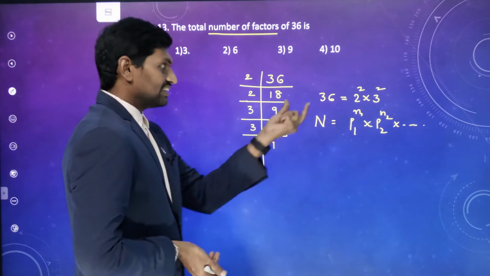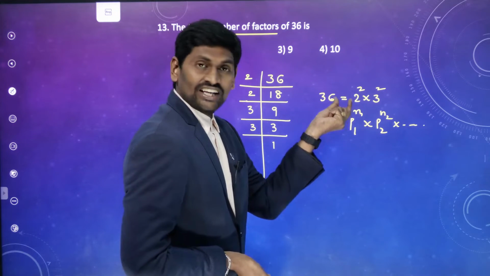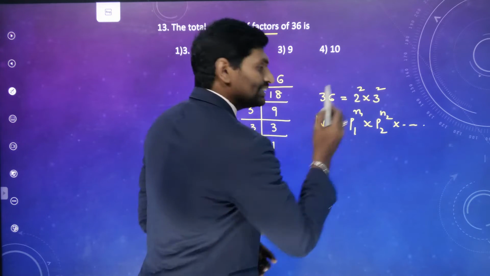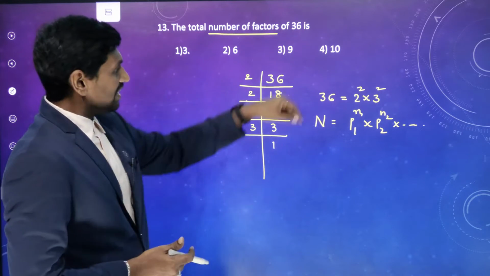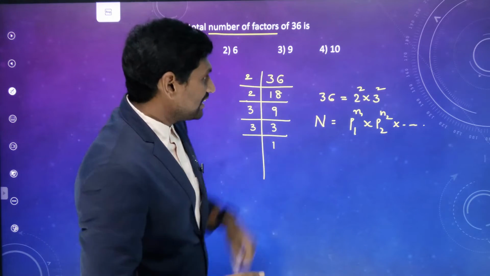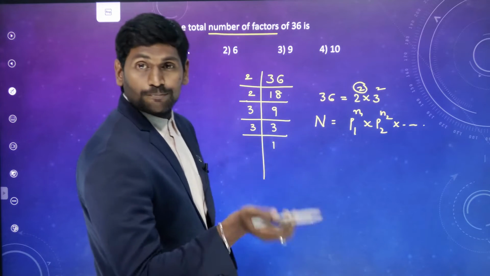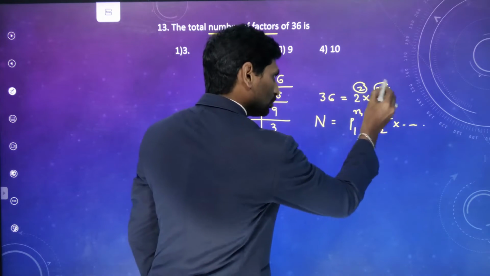In the same way, 36 can be written as 2 power 2 into 3 power 2, where 2 and 3 are prime numbers. The exponent of 2 is 2, and the exponent of 3 is also 2.